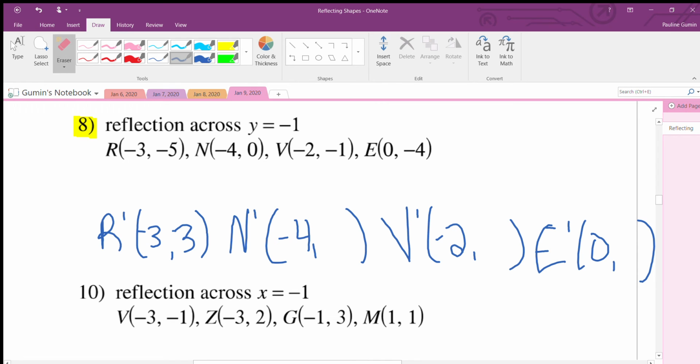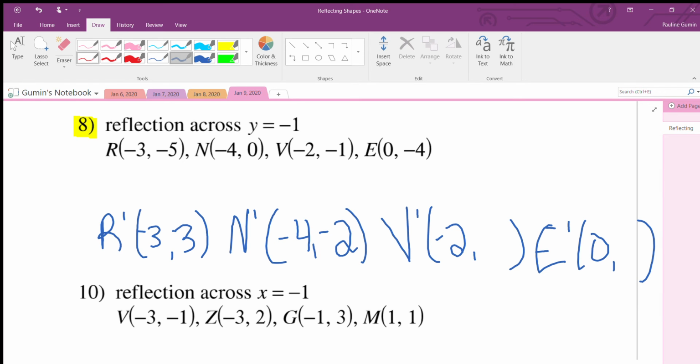Let's move on to n. The distance between 0 and -1, well, I need to do 0 minus 1, which gives me -1, and I'll subtract 1 from -1, which gives me an answer of -2. Great. Oh, whoops, on to the next one.